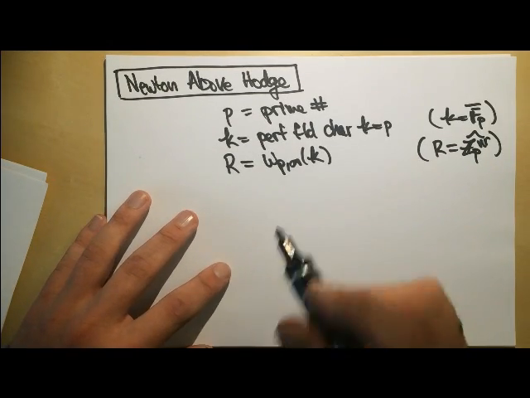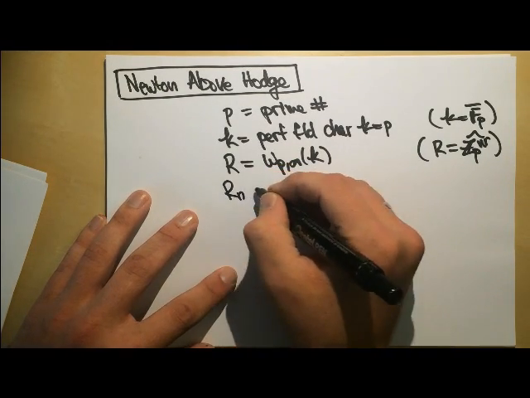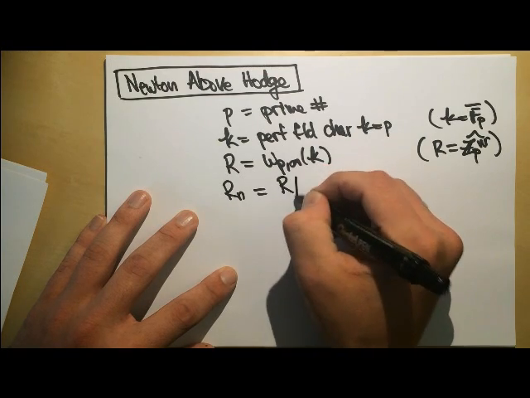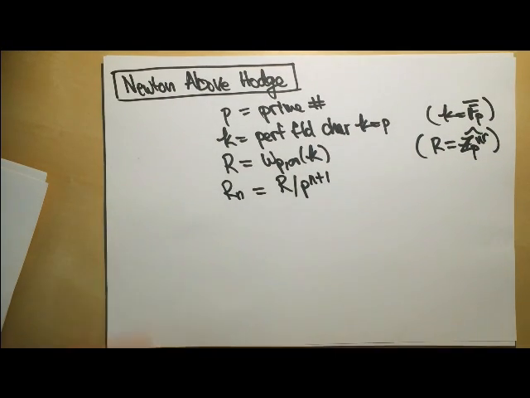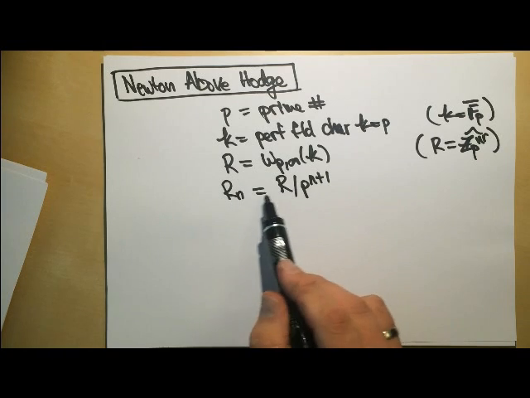And then R_n is going to be equal to R mod p^(n+1). So we're going to use this notation. In particular, R_1 will be R mod p squared.